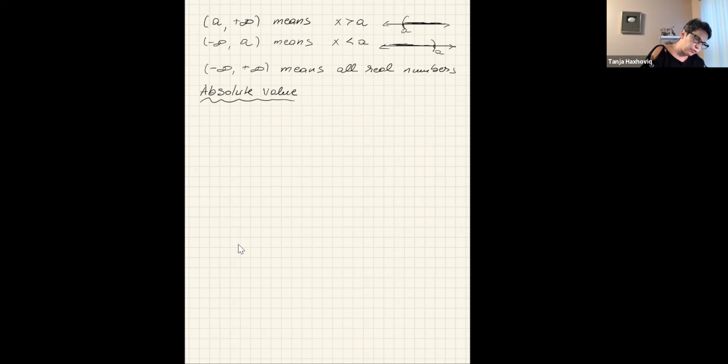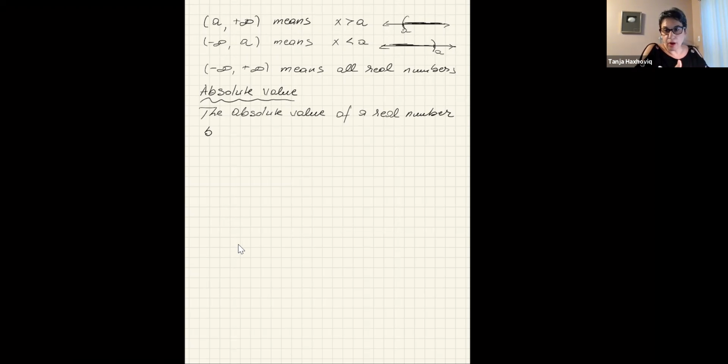The absolute value of a real number, let's call it a real number b, indicates the distance of this number b from the origin.